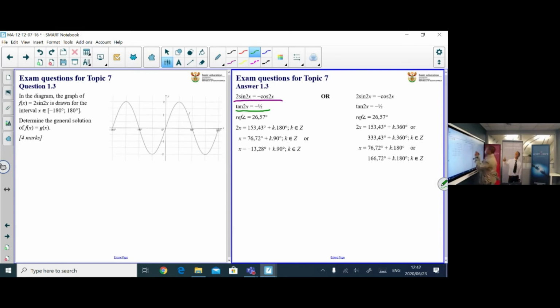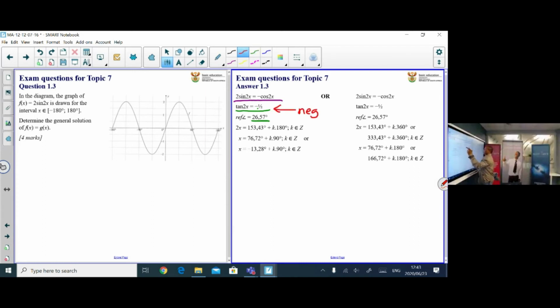Then to get to your general solution, you get the reference angle simply by putting half, not the negative. So you put half in your calculator, and then you get your arctan of half will be 26.57. Then you ask yourself, but my tan is negative here.